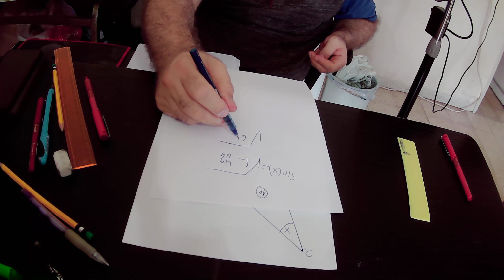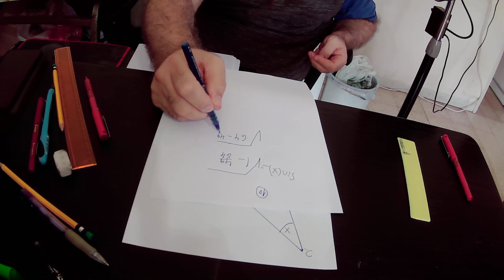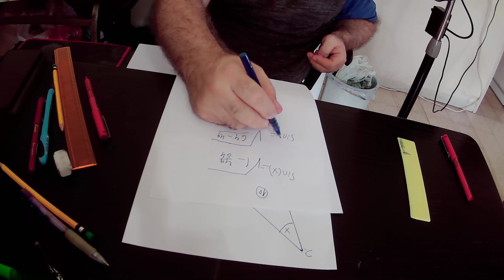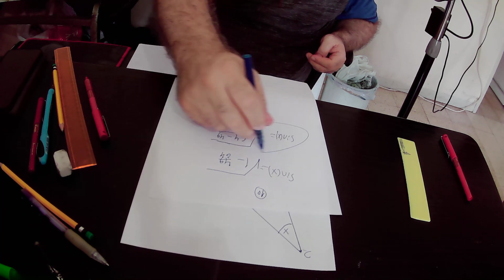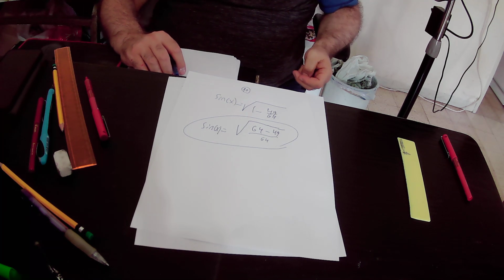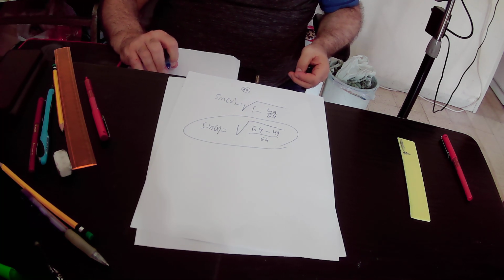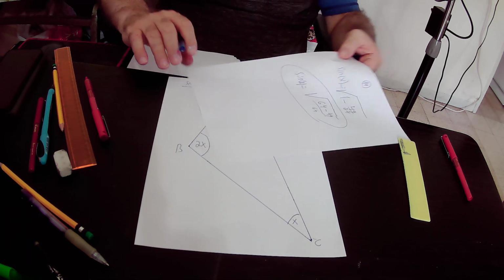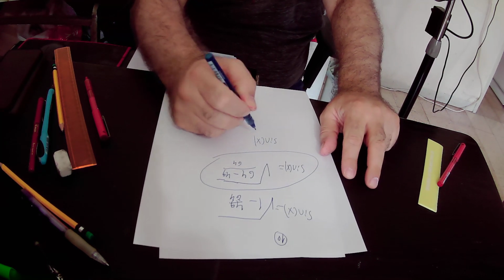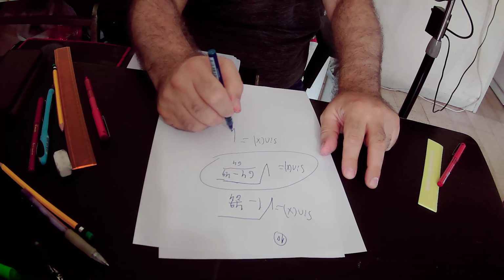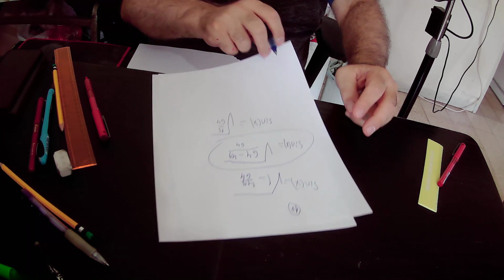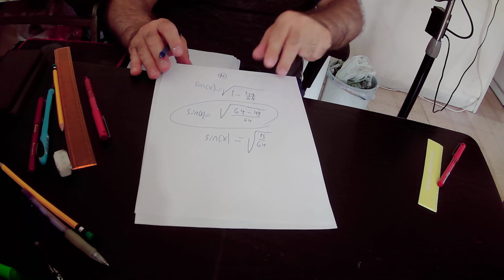So we will get that sine x equals the root of 64 minus 49 over 64. 64 minus 49 is 15, so sine x equals root of 15 over 64.